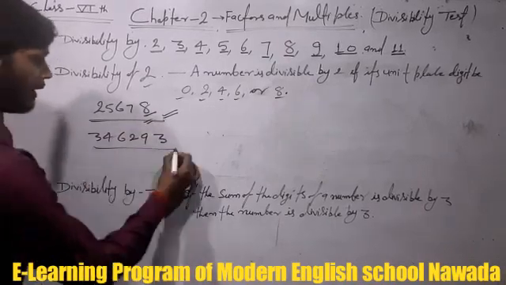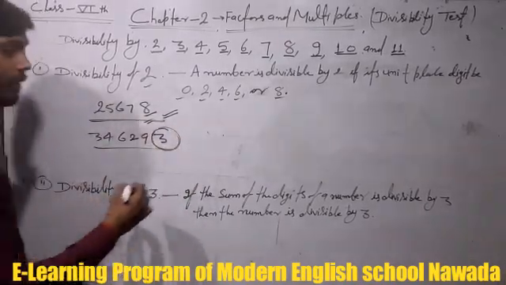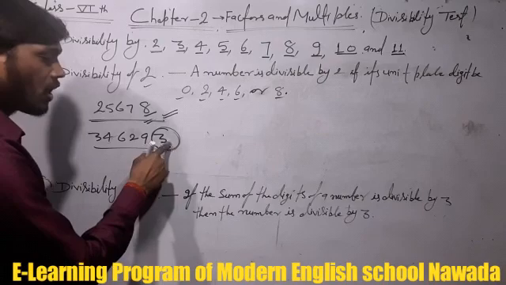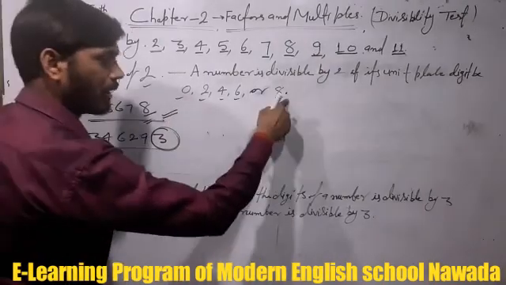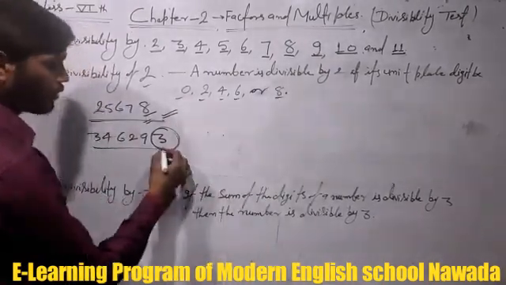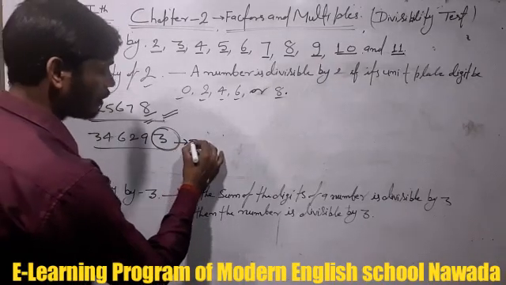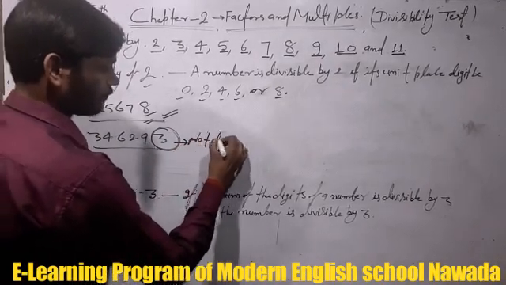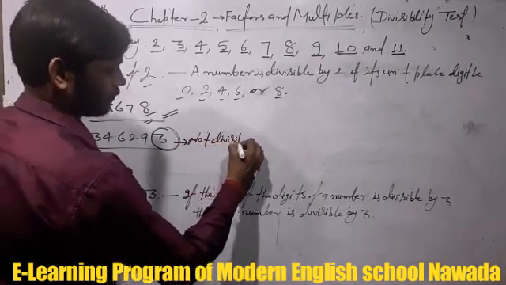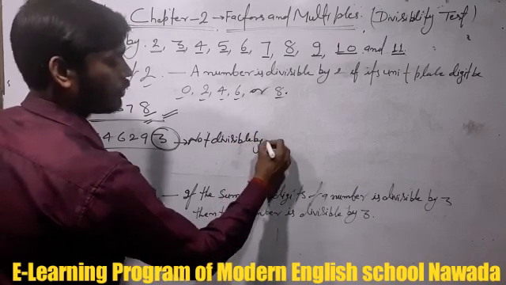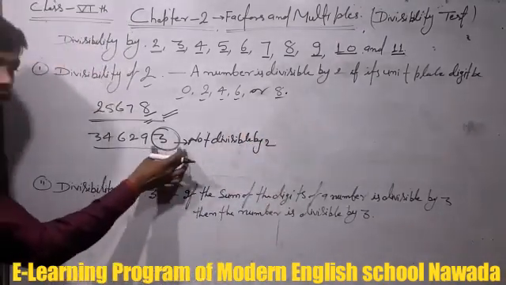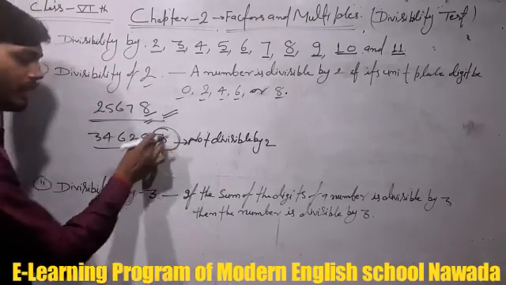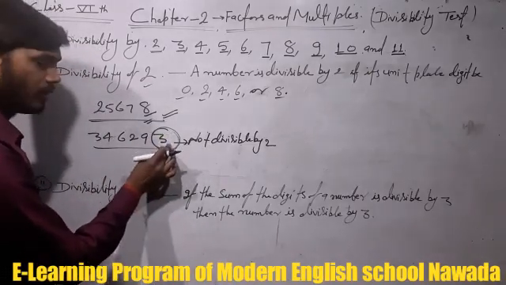Understand? Now I write another number, 34629. Here at the unit place there is none of these digits, so it is not divisible by 2. Why? Because its unit digit is 3.